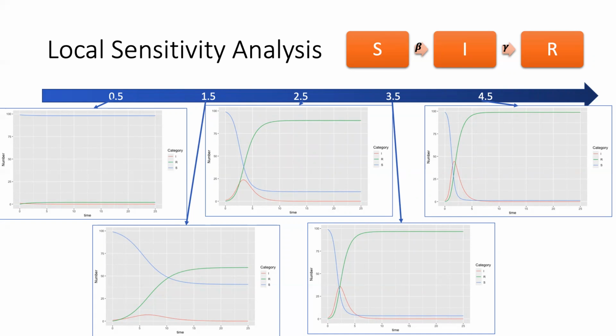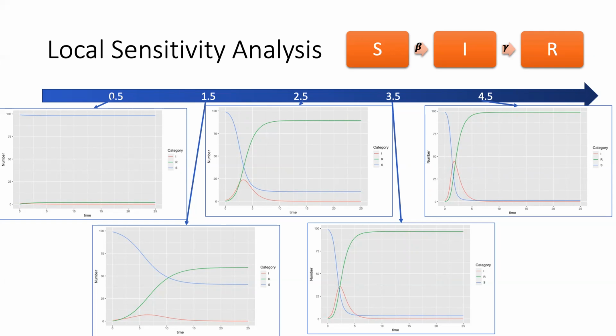Now we can run the model with beta at different values and see what the outcomes look like. If you run it with beta of 0.5, you end up with almost no infection. If you move beta up to 1.5, you end up with this little curve, a tiny little outbreak.